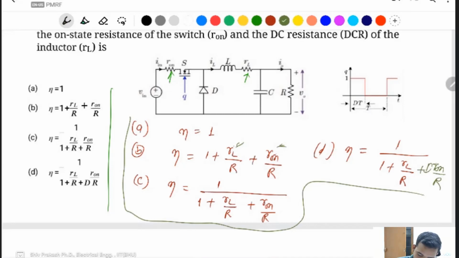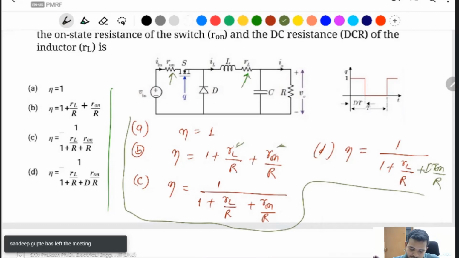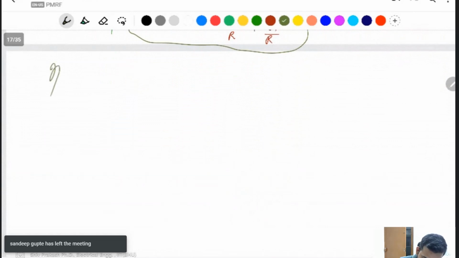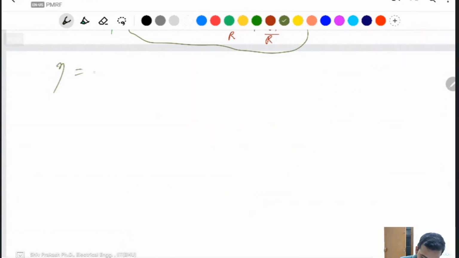The efficiency is 100%. And efficiency, you know, is output power divided by the input power. Output power is V output, I output, input power V in into I in.